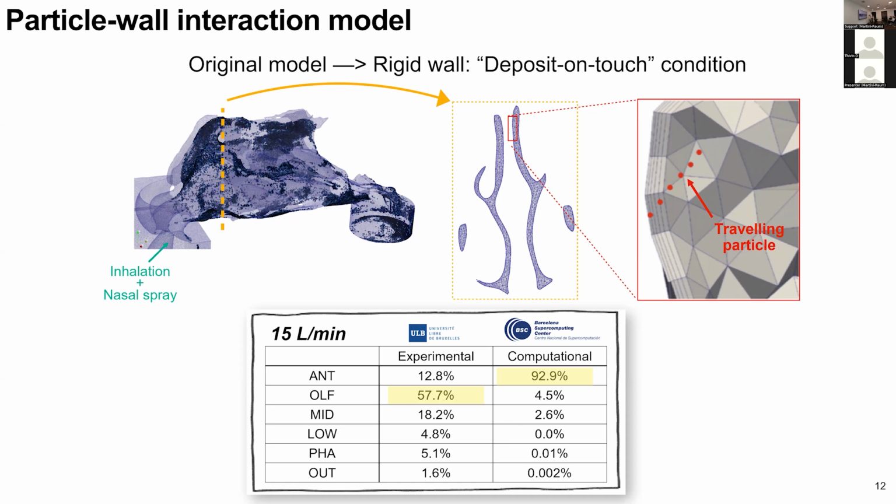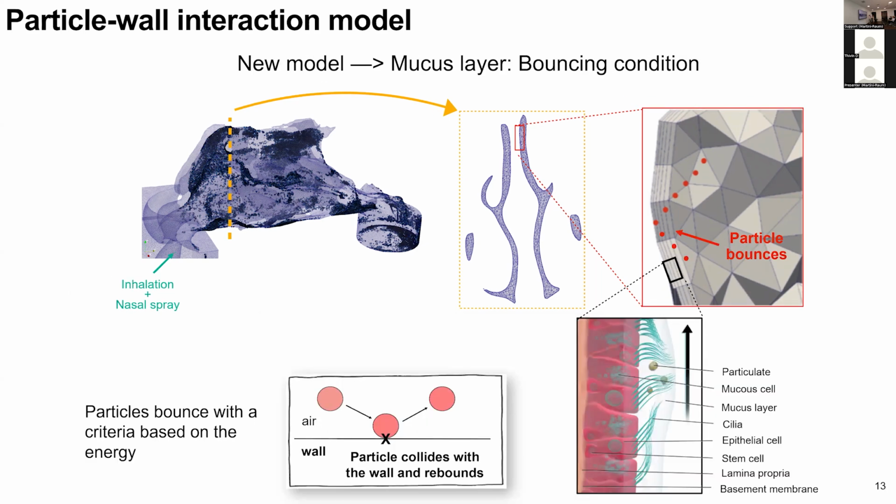So then we thought, how can we improve the particle interaction model to have better deposition results, more in agreement with the experimental ones? And here is where the new model comes into place.